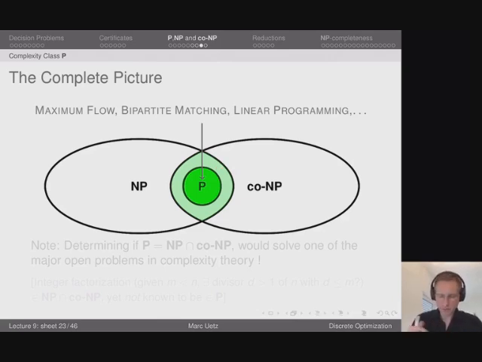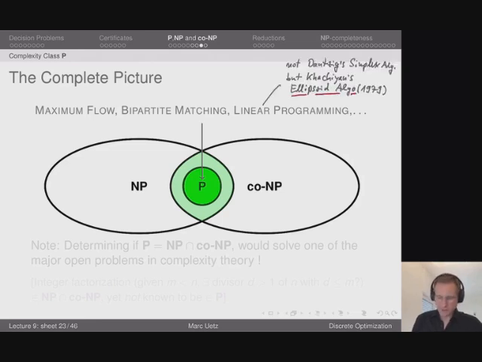But before I turn to that question, just a little remark. We have had in this lecture polynomial time algorithms for maximum flow and also for bipartite matching, but what about linear programming? We didn't really treat algorithms for linear programming in this lecture. As a matter of fact, the simplex algorithm, which solves linear programs, is not a polynomial time algorithm.